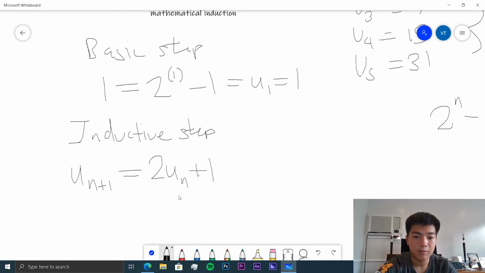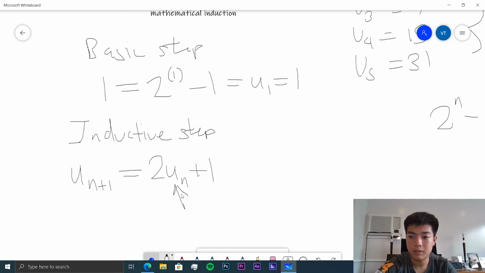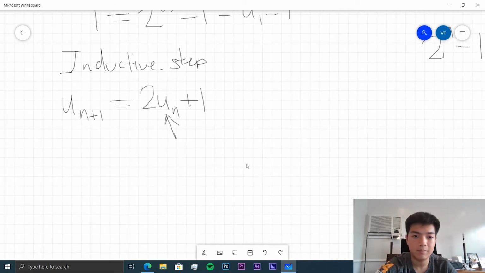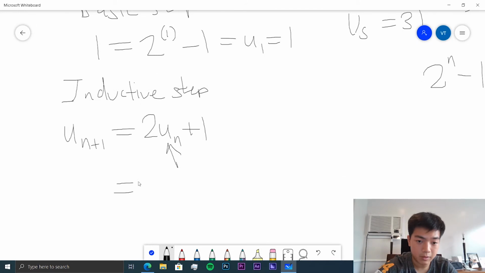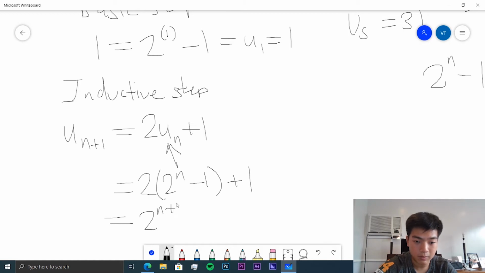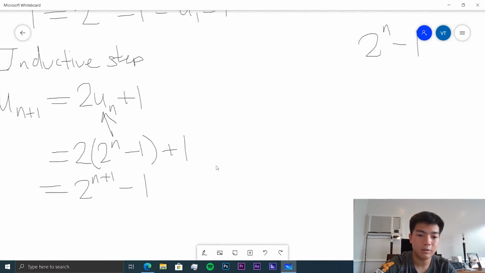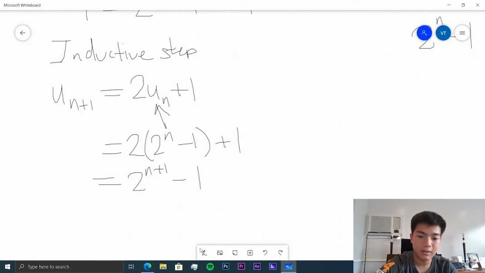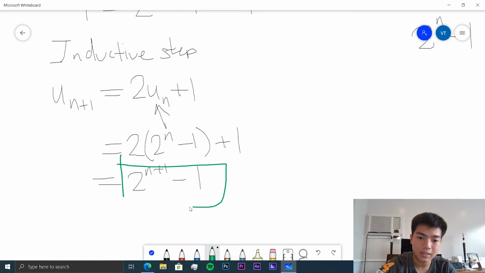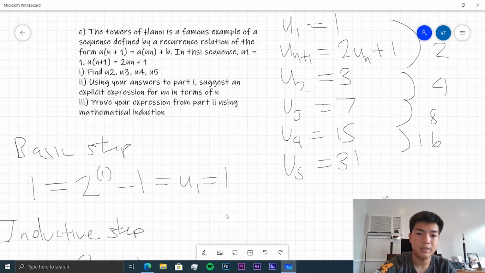Well, we know u of n is equal to 2 to the n minus 1. So this is equal to 2 times 2 to the n minus 1, plus 1, which is equal to 2 to the n plus 1 minus 2 plus 1, which is minus 1. So therefore, u of n plus 1 also equals 2 to the n plus 1 minus 1. And so therefore, by the process of mathematical induction, this statement is proved to be correct.